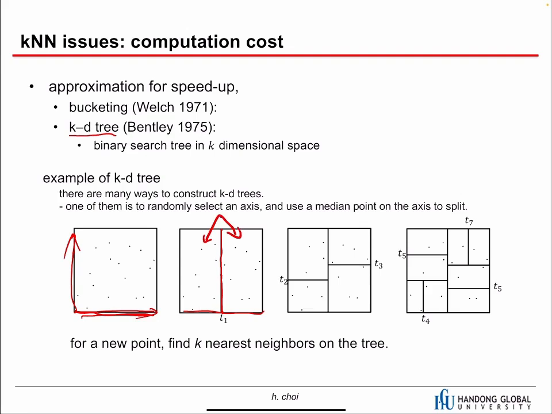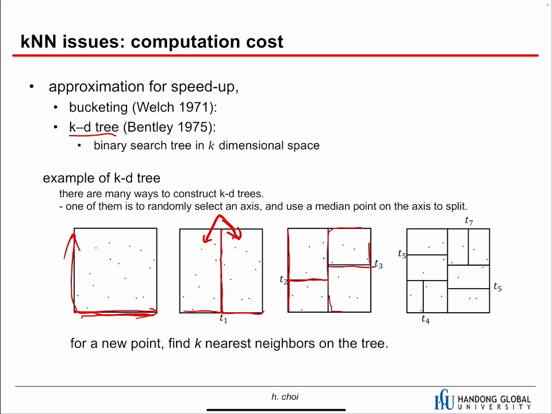So we have a left subtree and a right subtree. In the left subtree, we do the same thing: choose an axis, in this case this axis, then draw a line. With the right subtree, we do the same thing, split and keep going.